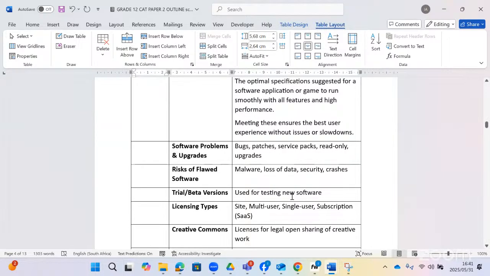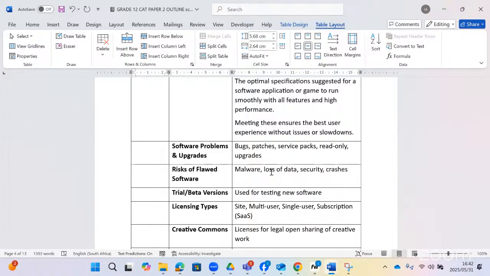Then also software problems, upgrades, and then updates. You must also know bugs, patch, service pack, read only, and then the upgrades. Now, a bug is a software error that comes when they are creating the software, and then patches are the updates that are needed to fix bugs.